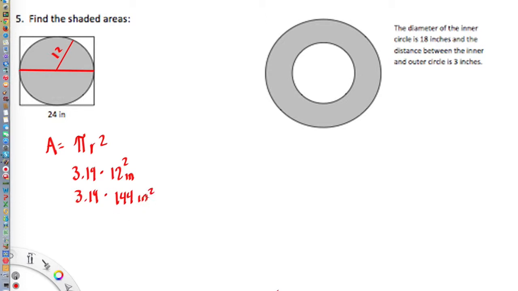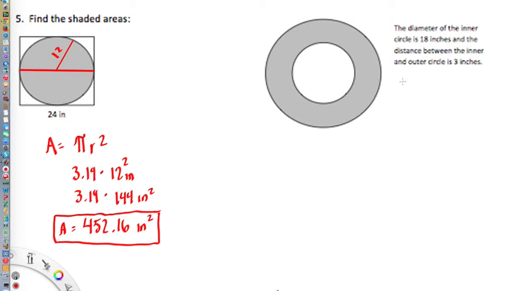This is just the unit of measure here, inches squared. I'm not squaring anything else. And when I multiply 3.14 times 144, I'm going to get 452.16 inches squared. And that would be the area of that circle.